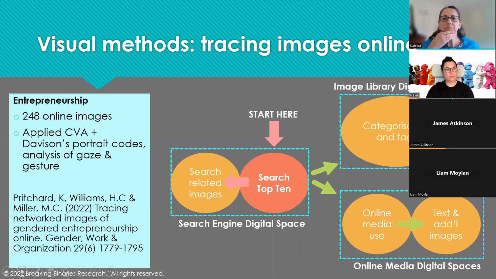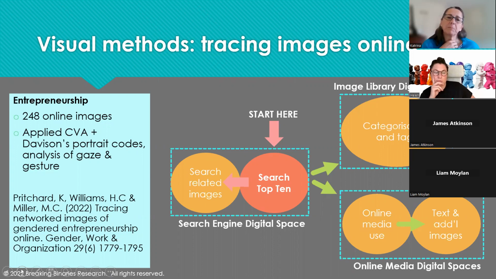So we started where it says start here, and we identified initially a top 10 popular images of male and female entrepreneurs, and then we used those and traced them by using reverse image searches across various online spaces.